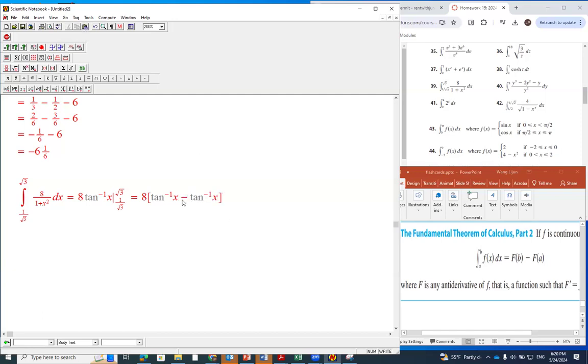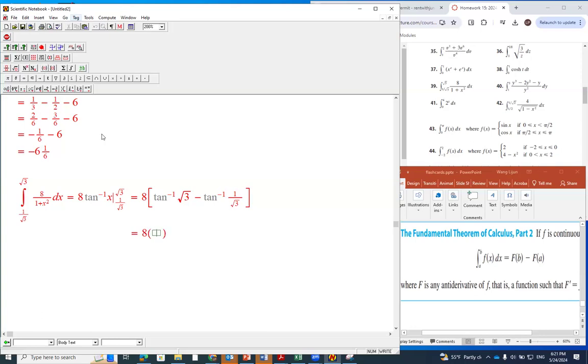Capital B is substituted by √3, and the other one is going to be substituted by 1/√3. Both are special values, and correspond to special angles, right? So we're going to continue this operation. We have 8.